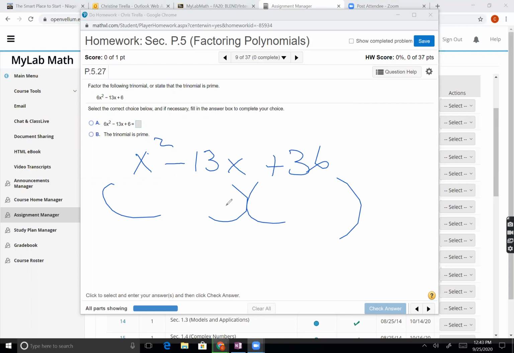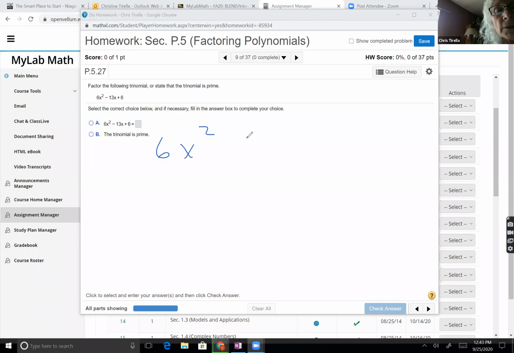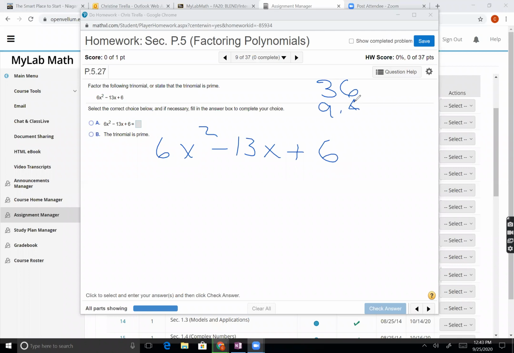Or is it what we had called the AC method, where you've got the 6x squared minus 13x plus 6, and you take them and you get 36, and then you look for factors of 36 that add to 13? Yeah. Okay, yours isn't as bad as I thought.